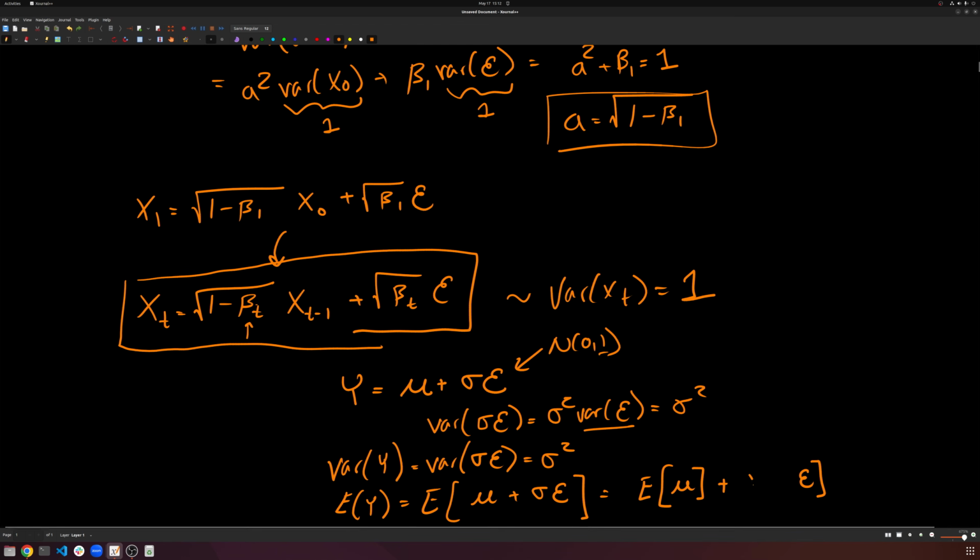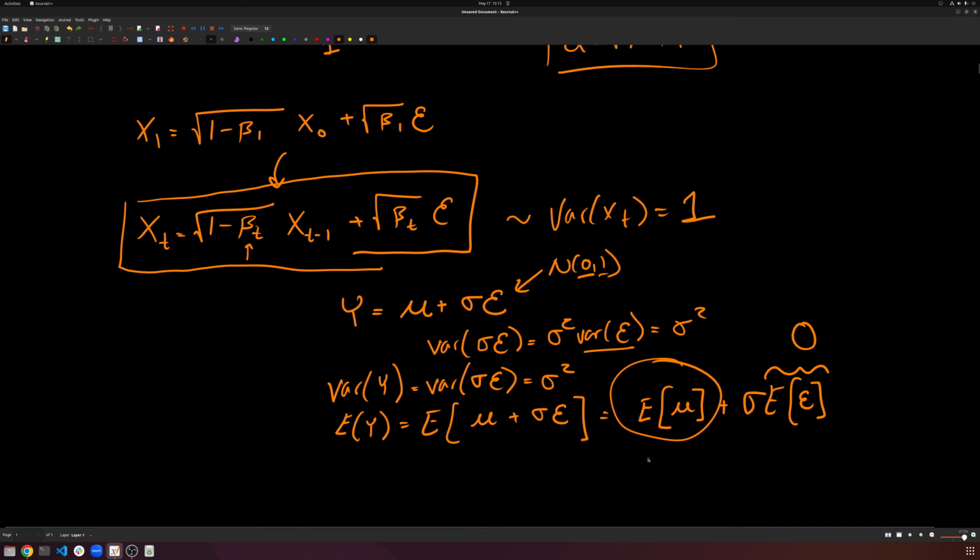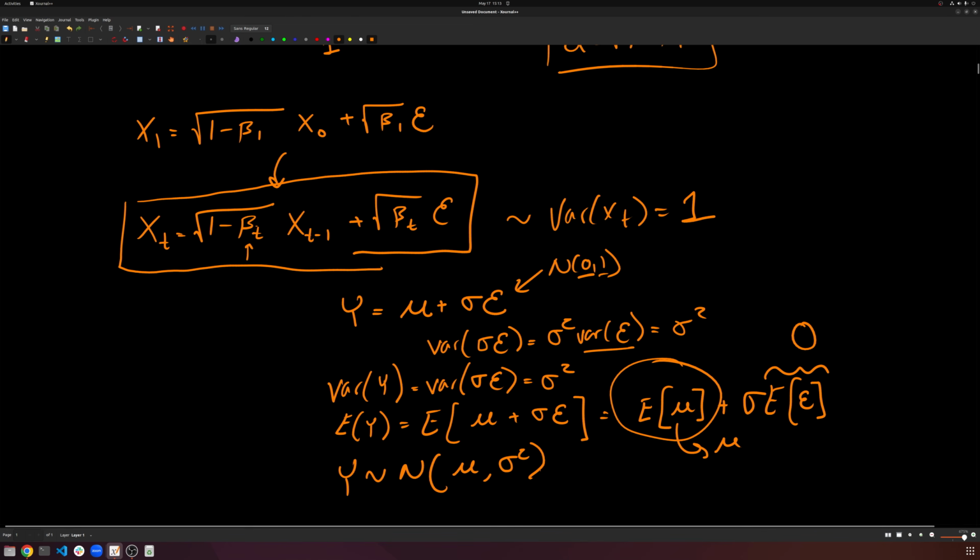So this is just sigma times the expectation of epsilon. But remember, the expectation, or the mean, of epsilon is 0, so this term is just 0. So all we're left with is mu. The expectation of mu is just a constant, so y is a normal distribution with mean mu and variance sigma squared.